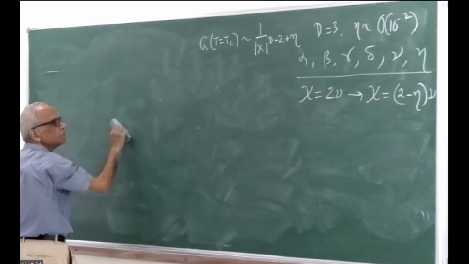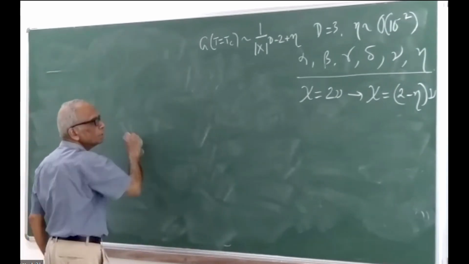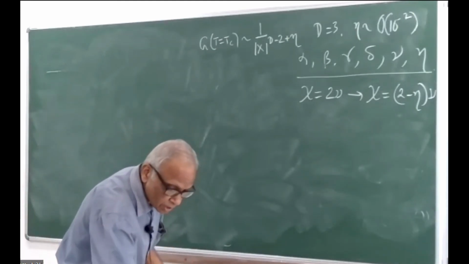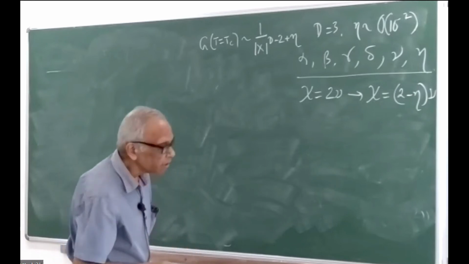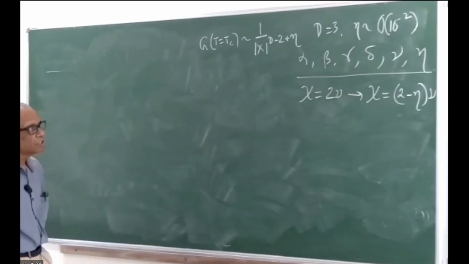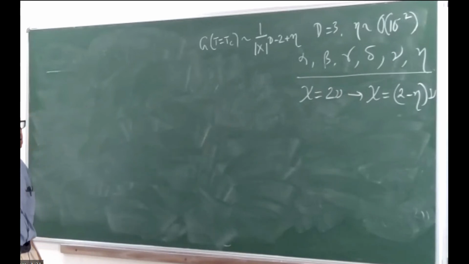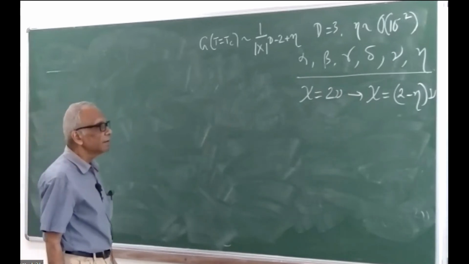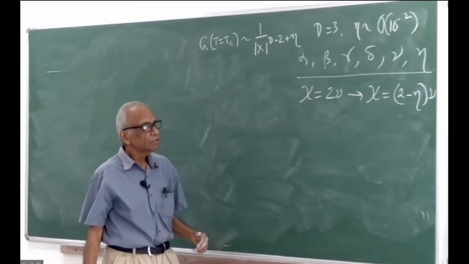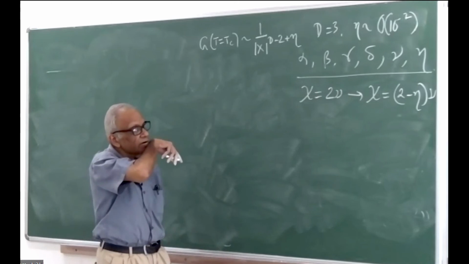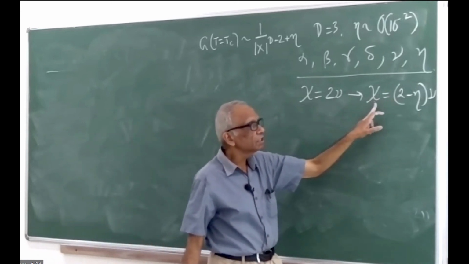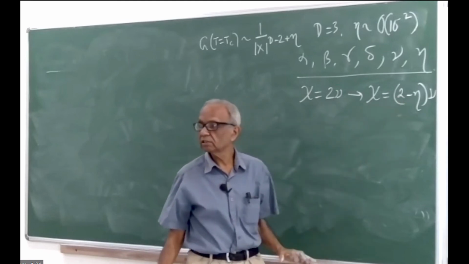So, all right. Now what you notice is that we have these things over here, but it is not quite that they are all independent of each other. You see an immediate connection that chi is equal to 2 minus eta times b.